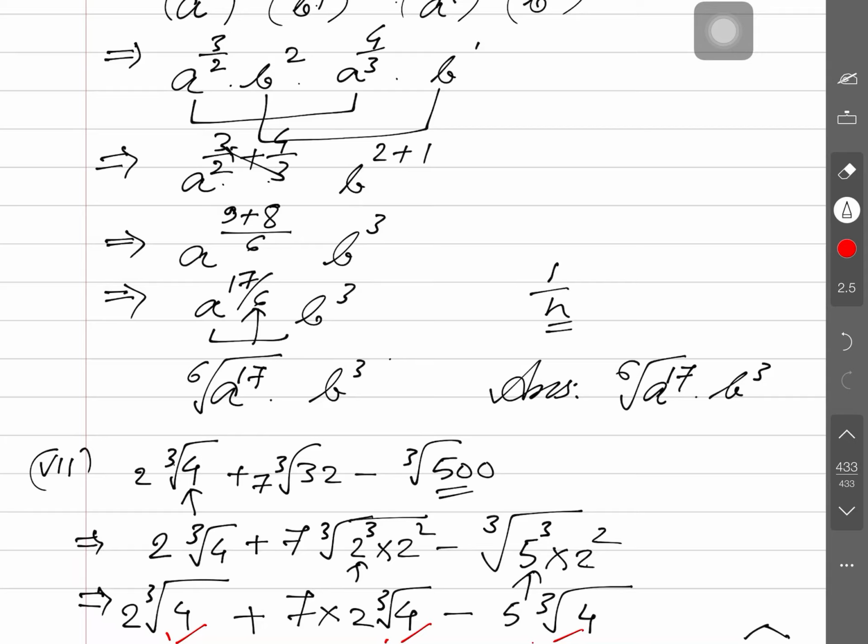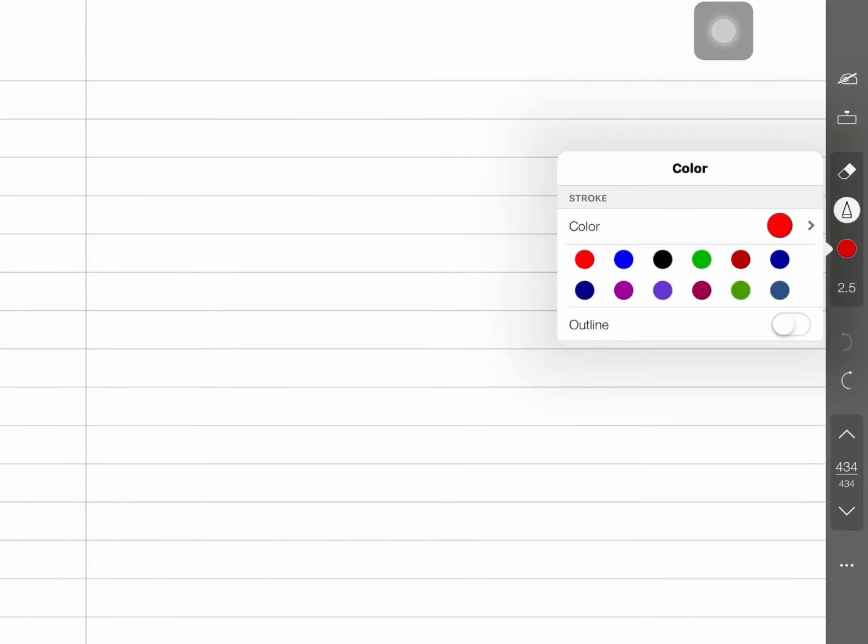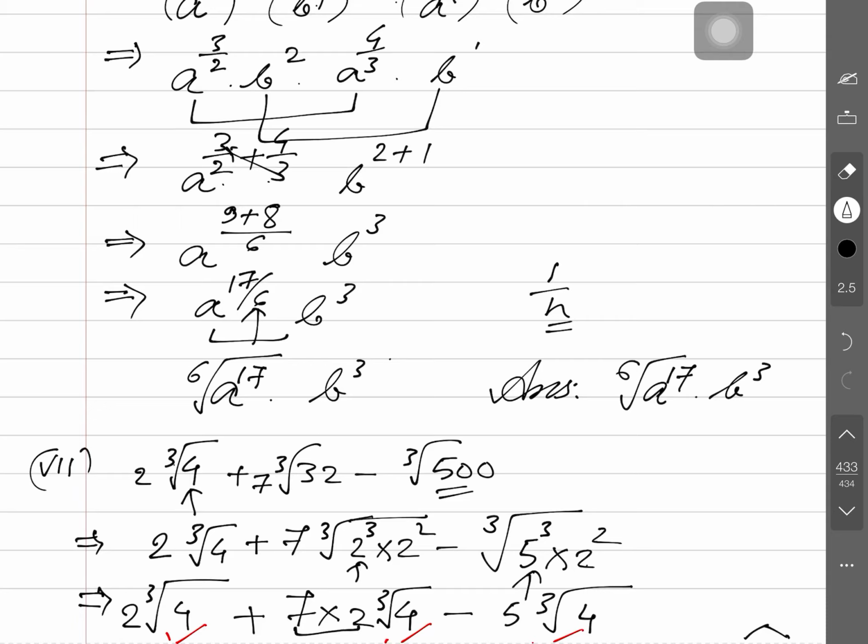One more step I am writing. 2 radicand 4 index 3, plus. What is next? 7 2s, what will come here? 7 2s are 14. 7 2s are 14.